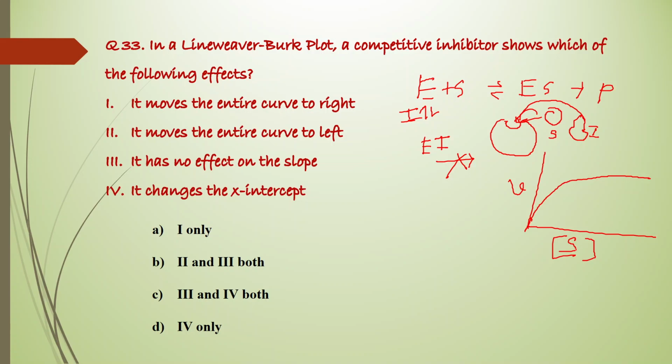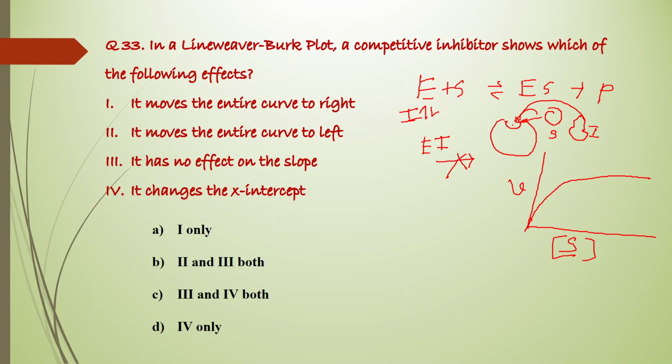Now for competitive inhibition, what do you know? Initially, if the inhibitor is blocking the catalytic sites of the enzyme, then the substrate can no longer bind to it. This is a very good thing for competitive inhibition: either substrate will bind or inhibitor will bind.